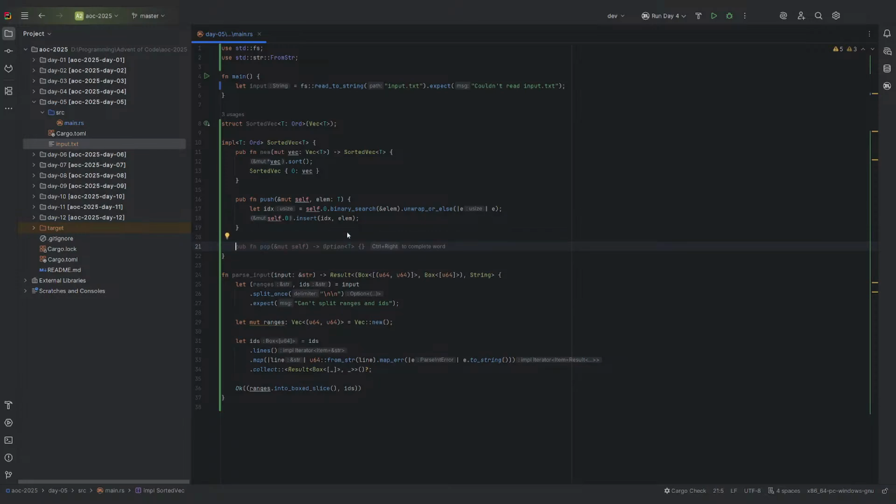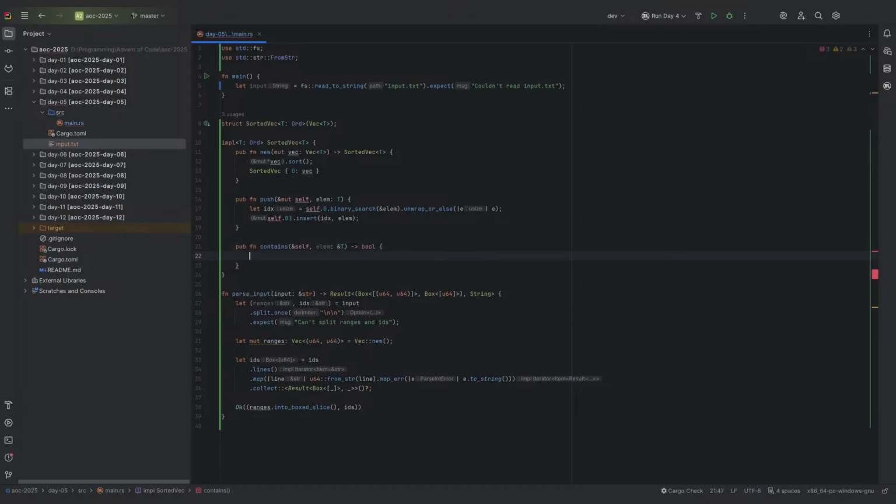Now what I need is a clever way to find ranges here. I don't know if I need it, but keep contains anyway.